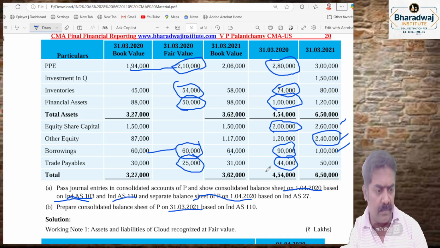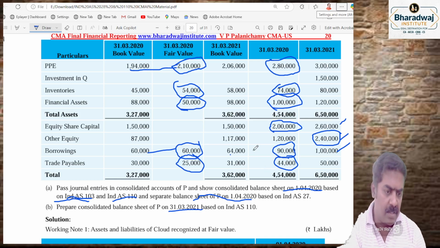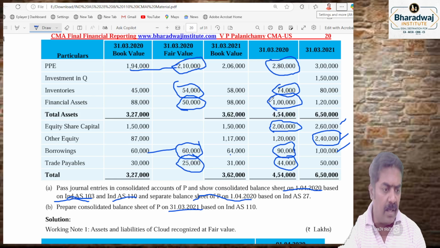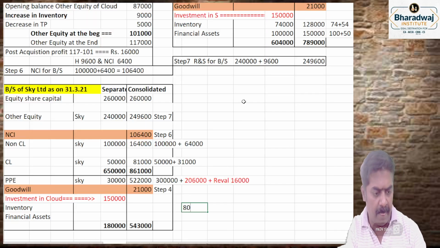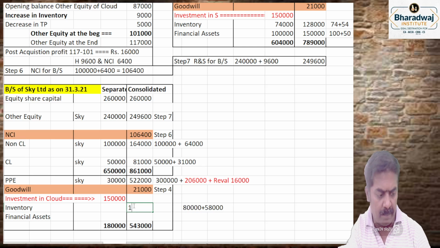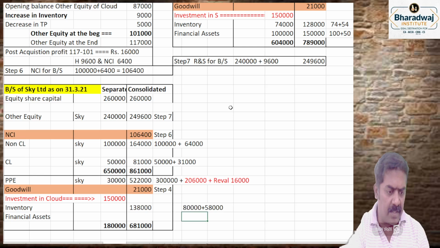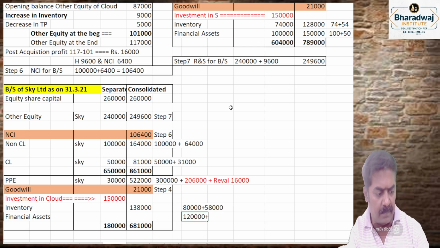Inventory, how much? 80,000, that is 50,000 plus 31. Sorry, 8. No inventory. Inventory 80 plus 58. Then financial assets. 1,20,000 plus 98,000 plus revaluation.